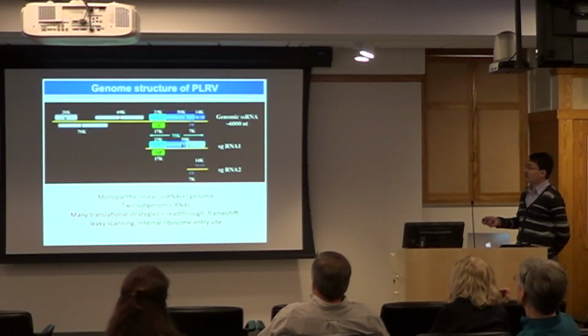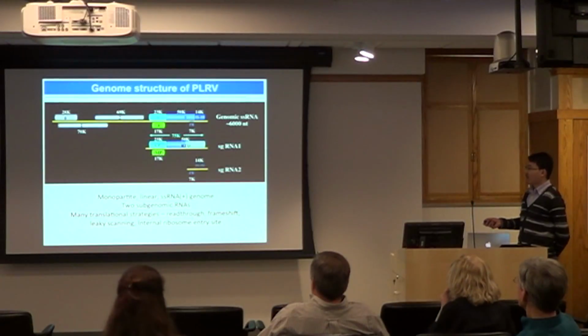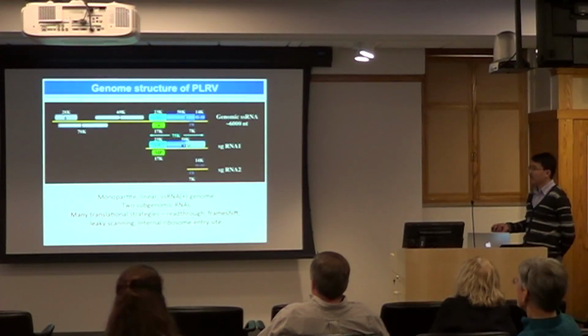This simple genome uses many translational strategies to encode its proteins, for example the read-through mechanism, frameshift, leaky scanning, and internal ribosome entry site. So today, my talk will mainly focus on the read-through mechanism and the proteins encoded from subgenomic RNA1.